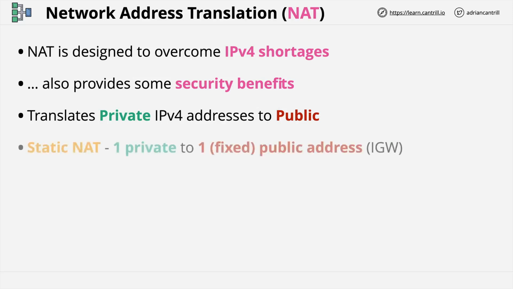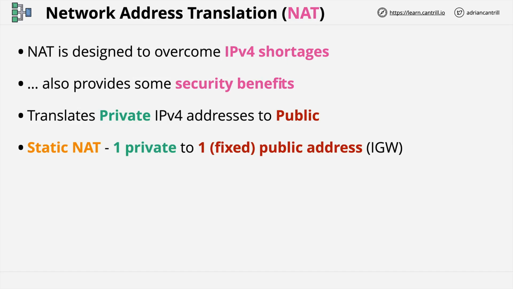First, we've got static NAT, which is where you have a network of private IP version 4 addresses and can allocate a public IP version 4 address to individual private IP addresses. So the static NAT device translates from one specific private address to one specific public address, in effect giving that private address access to the public internet in both directions.